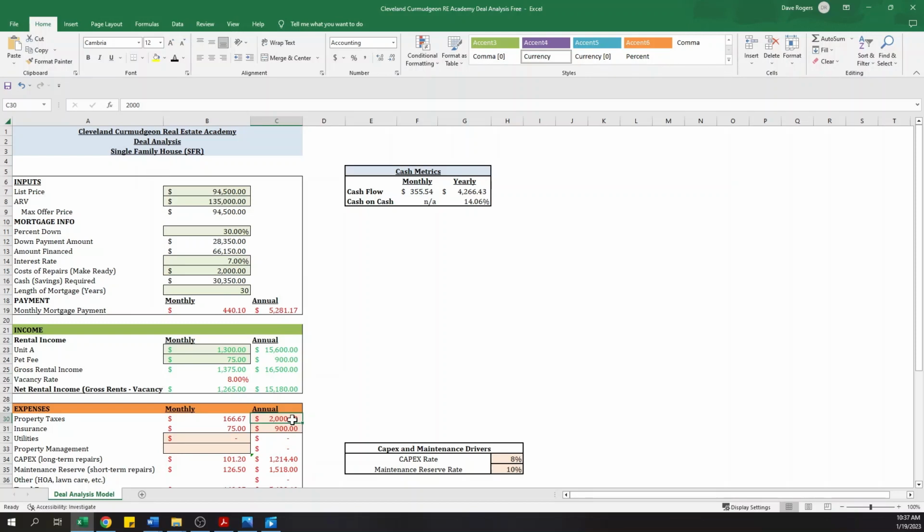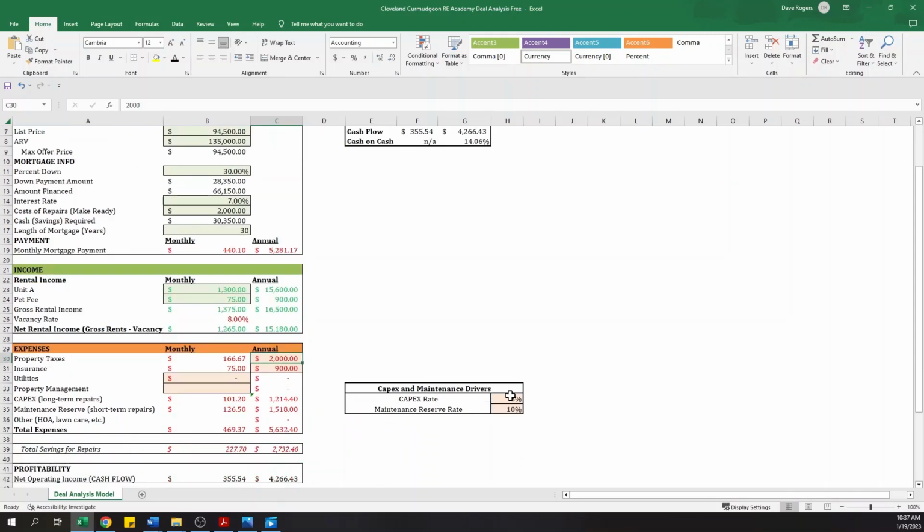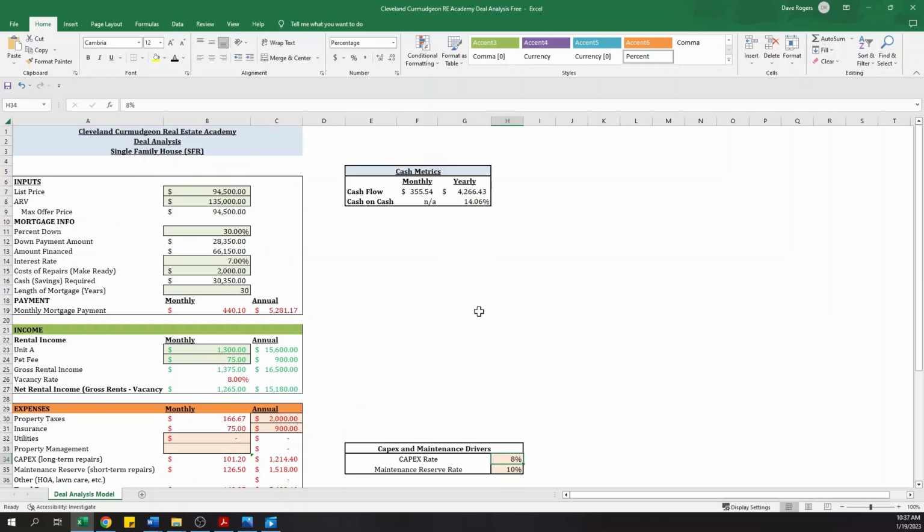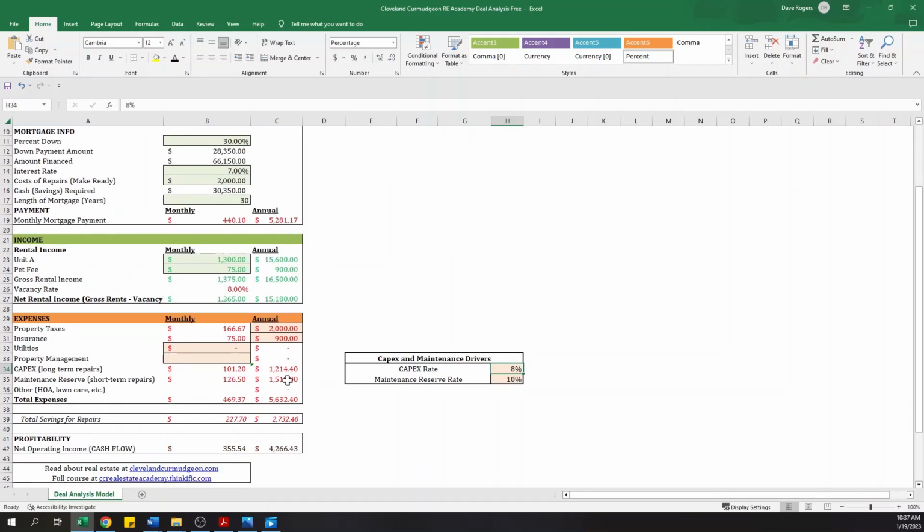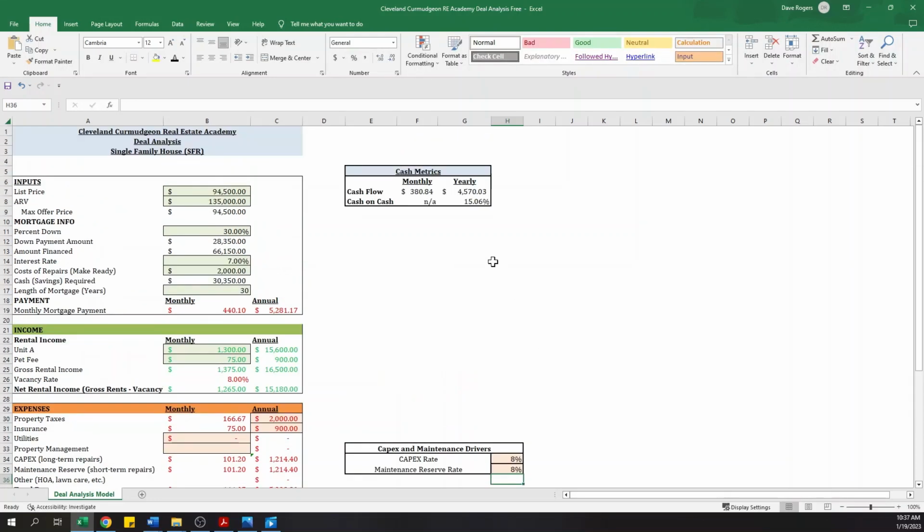So it's helping me get a better return, even though the amount of money I put into the deal might be the same. We already talked about the CapEx and maintenance, so I think we probably maxed those out. But if 1200 is where I see my CapEx, then 1500 a year maintenance is probably high. So maybe we take this down to 8, and now we're getting 15%, 380. I think that's a good deal.